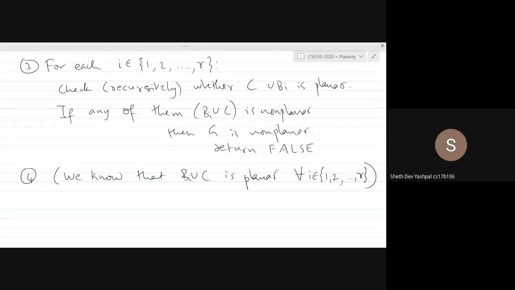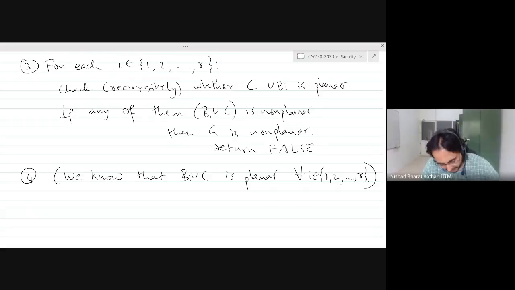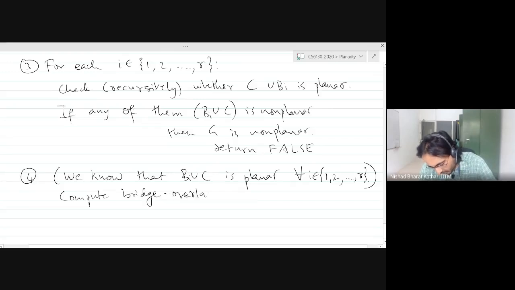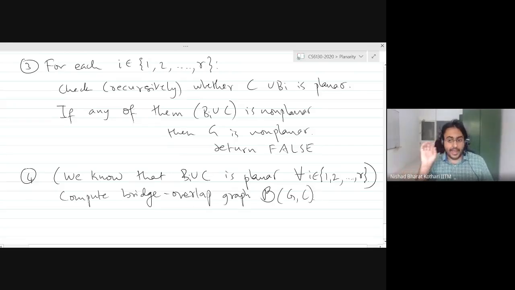Draw or construct the bridge overlap graph. Okay, thank you. Compute the bridge overlap graph. So there's a graph where every bridge of this cycle will become a vertex, and two bridges will be joined by an edge if and only if they overlap.